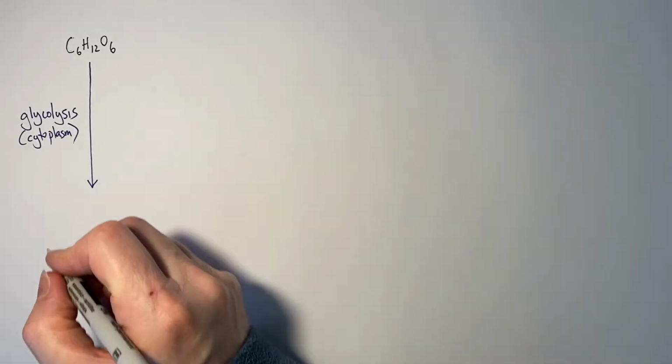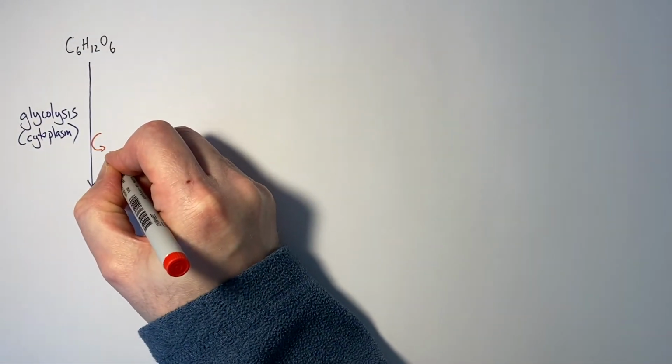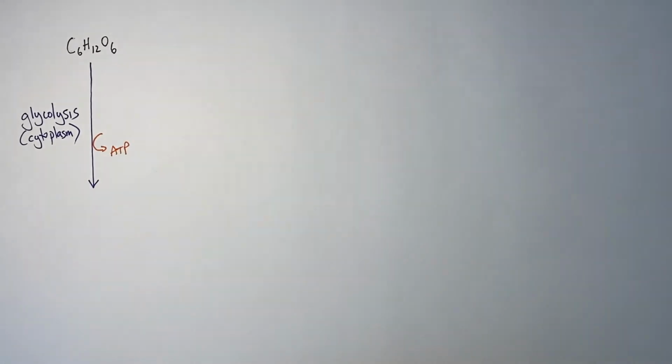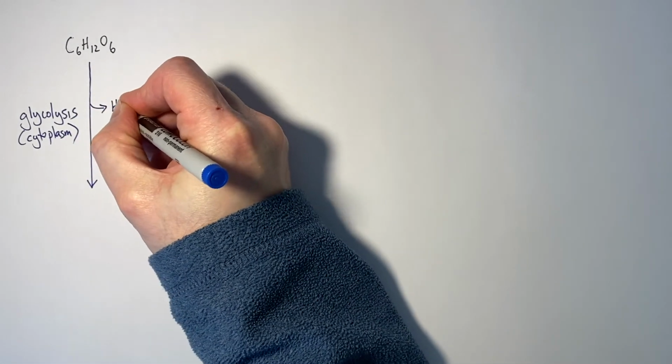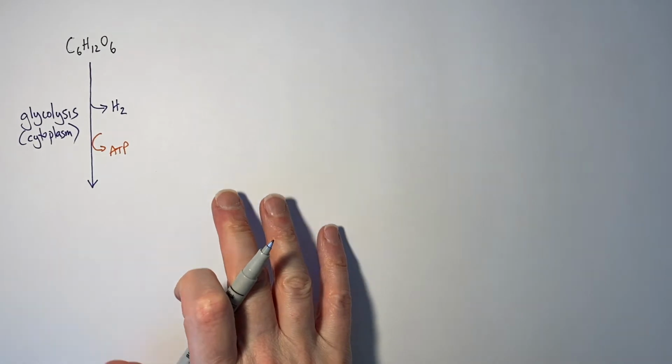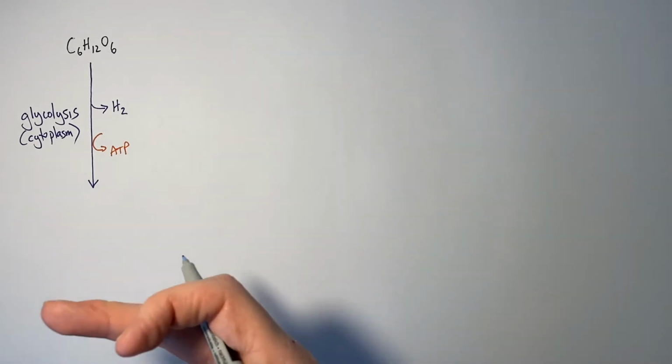That process involves a number of stages. It involves making ATP. It also involves removing hydrogen. Now, for this overview, I'm not going to be interested in the finer details of the chemical processes that are taking place. We're just seeing the overall processes and where molecules are going.